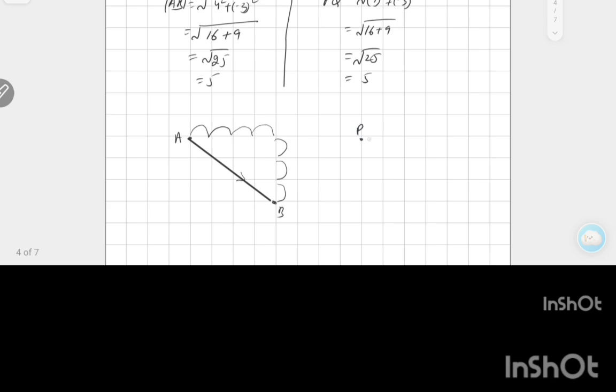The positive 4 means 4 steps to the right side, 1 2 3 4. Okay, and minus 3 means 3 steps down, 1 2 3. Okay, here we have the same pattern.